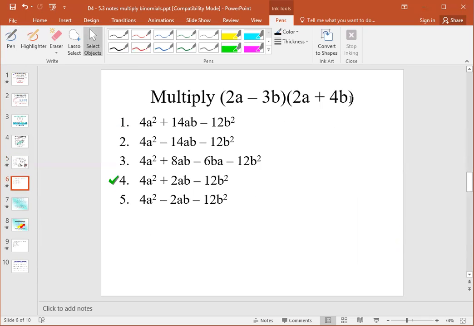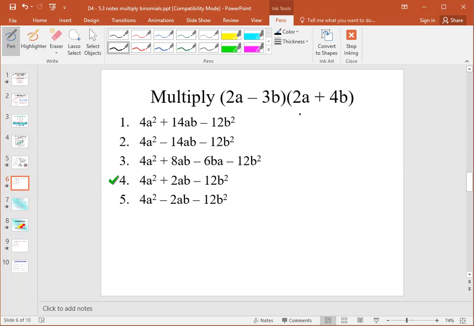Now, the reason that we're working with this one is that it has a's and b's. Sometimes you have some extra letters in here. That's okay. This problem is saying we should come out with number 4. I'm going to do the FOIL method here.